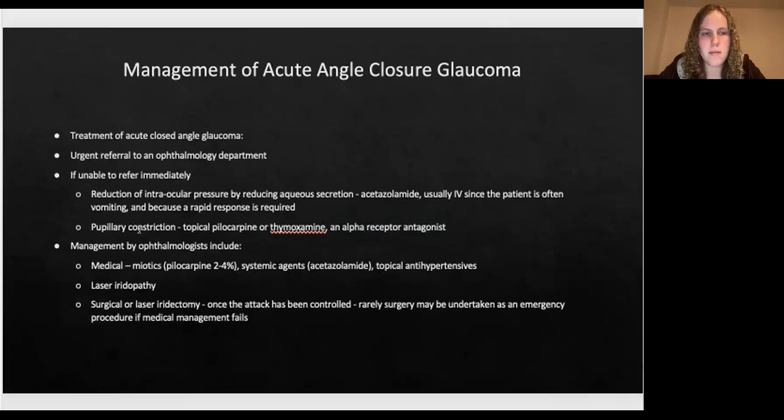Ophthalmologists might also use timolol, which is another topical eye drop. But like I said, I think Passmed has quite a good summary on this one. And then the definitive management you also have to remember is a peripheral laser iridotomy.